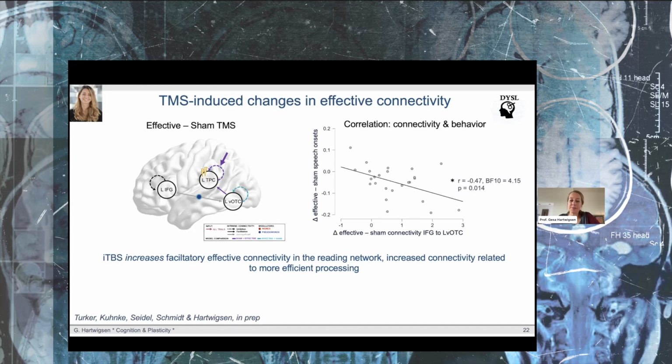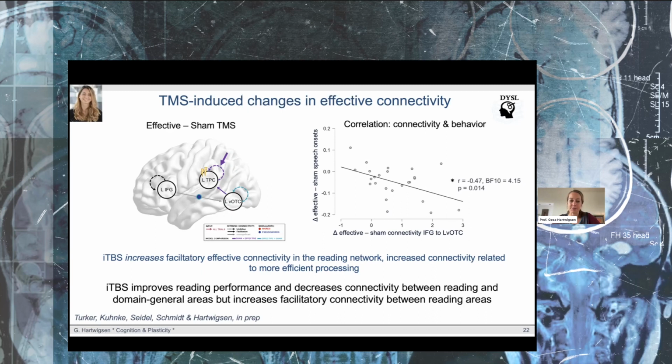And this was correlated with more efficient processing. The stronger the increase in the connectivity between these areas of the reading network, the stronger the speech onsets after TMS, or the stronger the facilitatory stimulation effect on task efficiency.